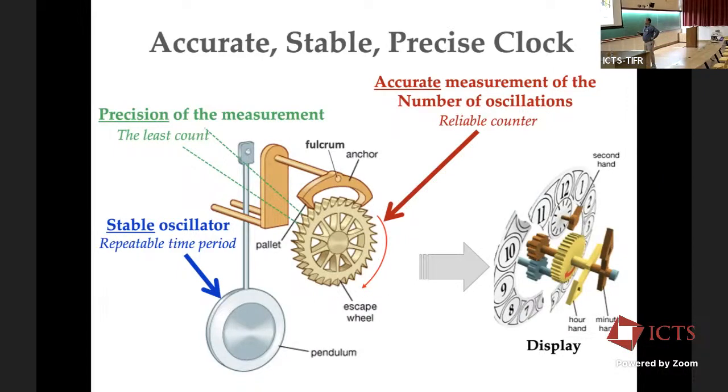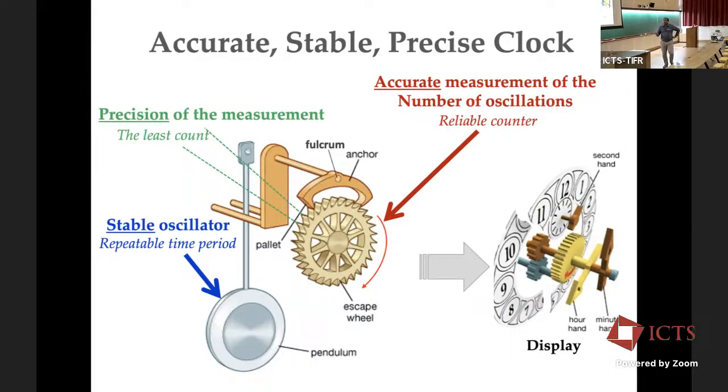The pendulum and wheel are connected by an anchor and fulcrum. With each oscillation, the wheel rotates in such a way that it goes by 1 tooth, and the fulcrum counts how many teeth are going, 1, 2, 3, 4. In every oscillation 1 tooth will move, and using this, one can count how many teeth have moved after n oscillations.